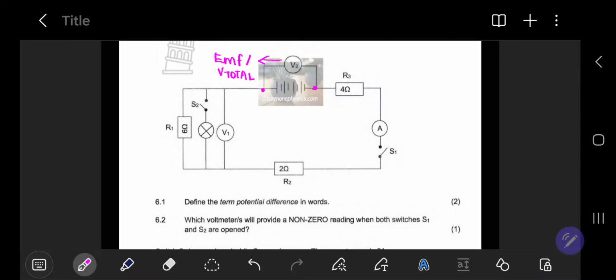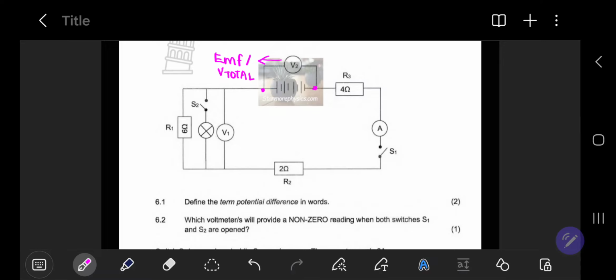So here's the thing. EMF is the maximum voltage measured across the terminals of the battery in an open circuit. There will always be a reading on the voltmeter that is across the terminals of the battery. So even though all the switches are open, that V2 is going to have a non-zero reading.